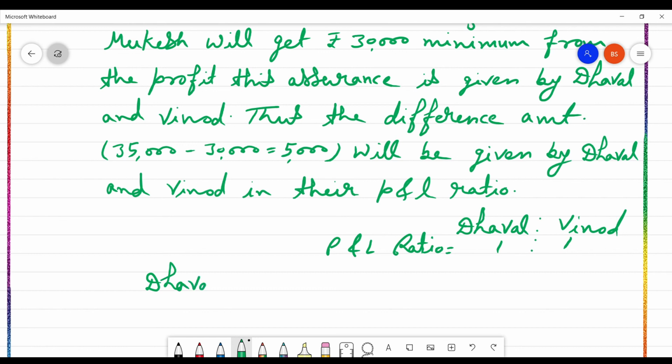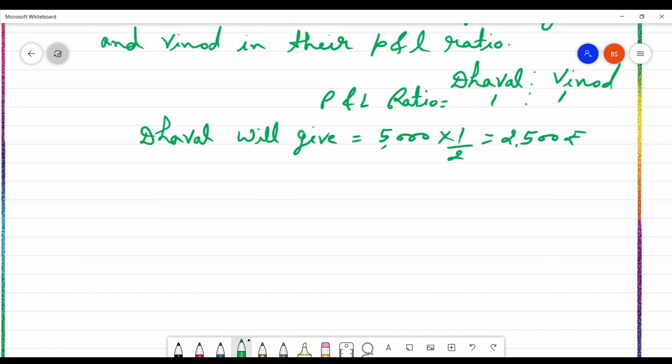Dhaval will give 5,000 into 1/2, 2,500 rupees. Vinod will give 5,000 into 1/2, 2,500.